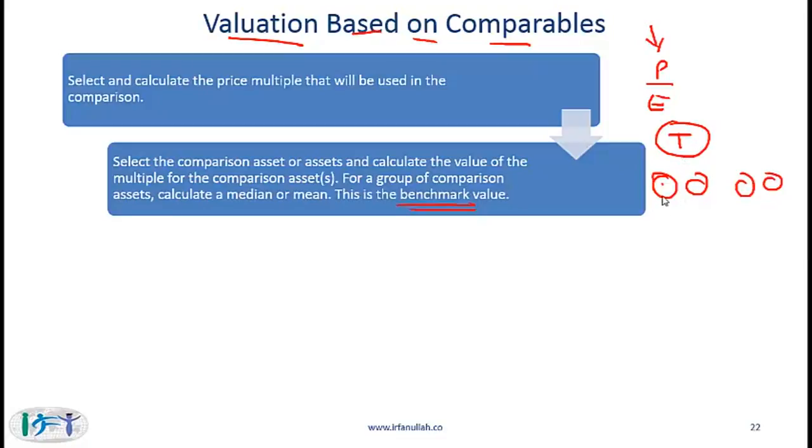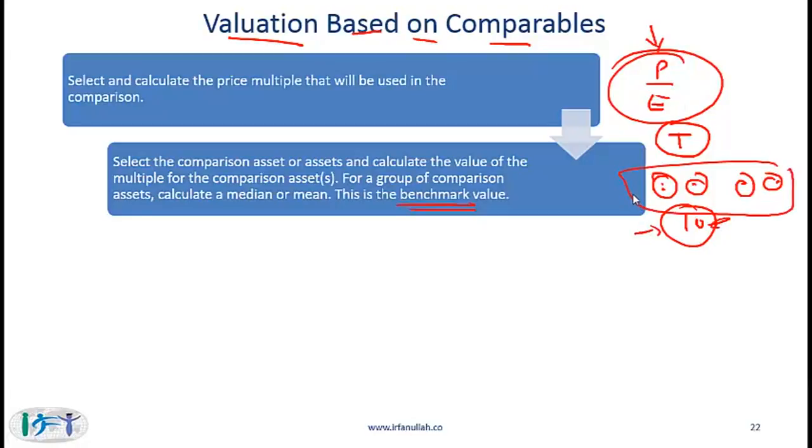You come up with the PE for each of these companies, and then you come up with the average PE or the median PE. Let's say that median PE is 10. This 10 then is called the benchmark value of the PE, because you will be benchmarking or comparing the PE of your target company with the PE of these comparables.